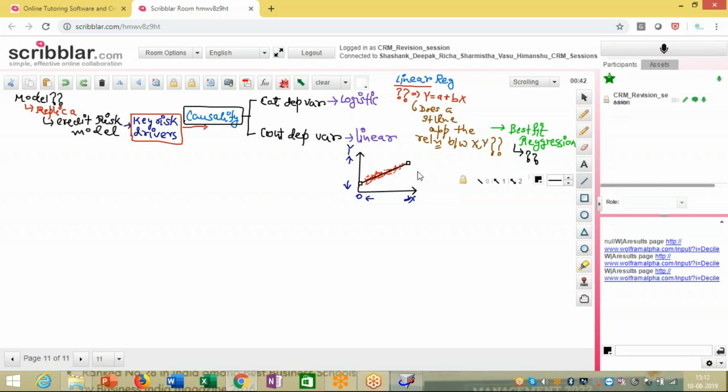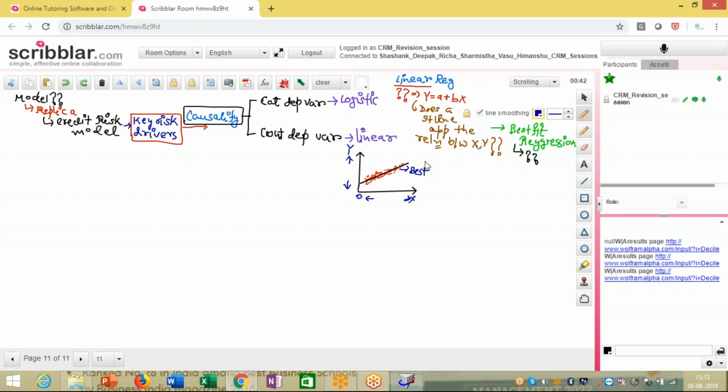Now observe that this black line that I have drawn over here can be treated as the best fit regression line. Why? Because this line can approximate the observed behavior very closely, right?